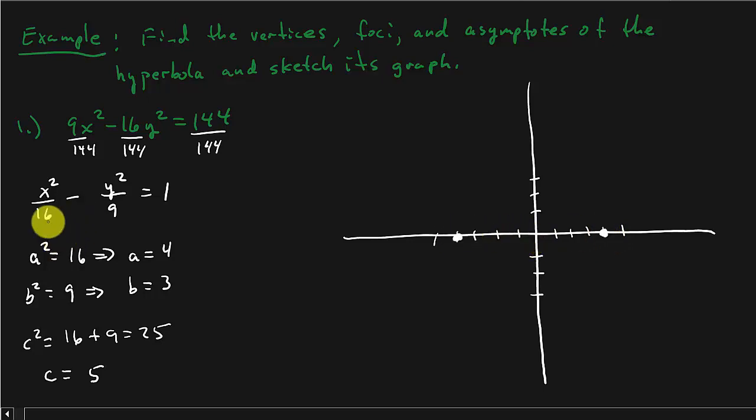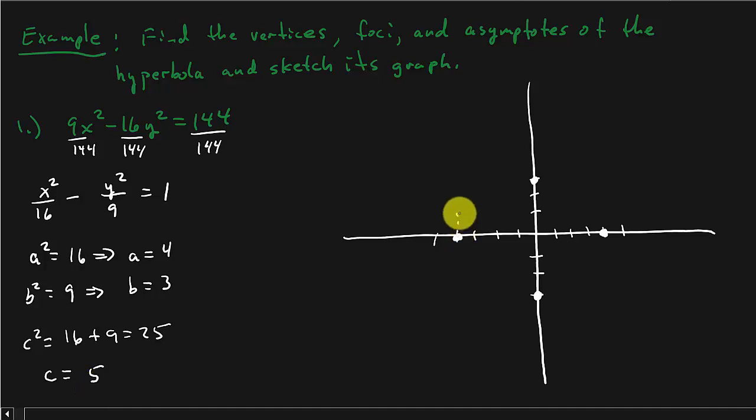See, it's moving what's underneath the x squared. A squared is under x squared, so we're moving left and right. B squared is under y, so we're going to move up and down 3. So up 3, down 3. And our foci, well, we'll get to that one in a minute.